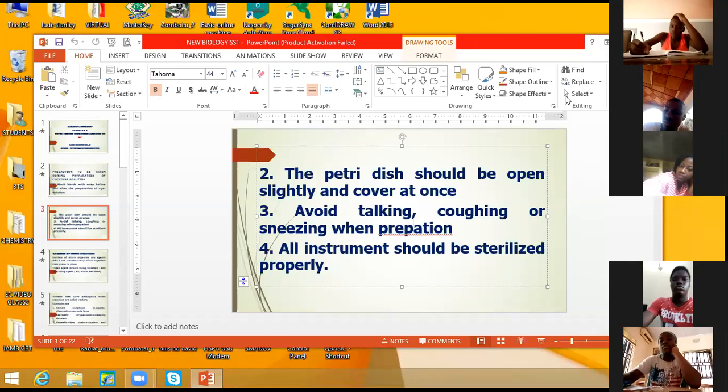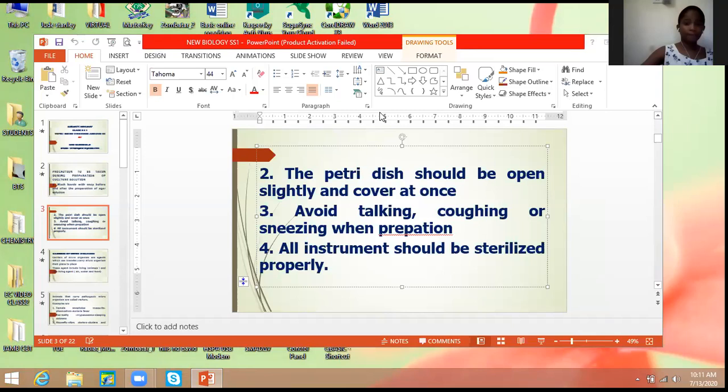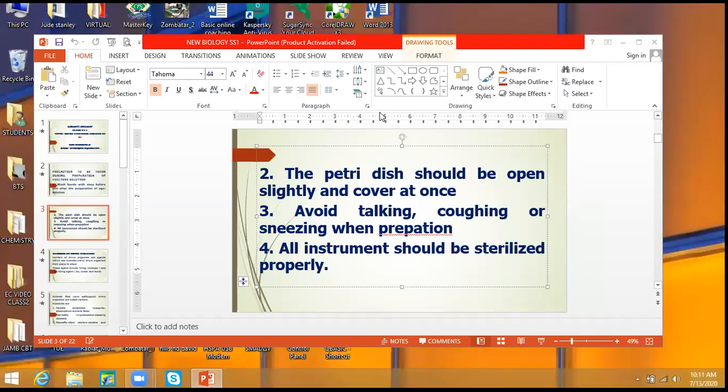So aside from washing your hands, make sure that the Petri dishes are always closed until you want to inoculate or introduce the specimen. And in the process of doing that, you slightly open the Petri dish and you also cover it.